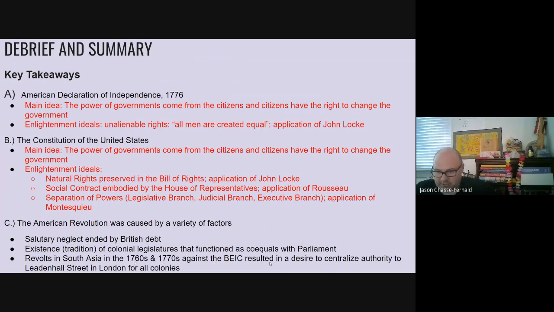So a monopoly is created. So we see that relationship bridging between Parliament and their corporate partners, right? As all being functional causes. And we'll talk about this other stuff, A and B, tomorrow.